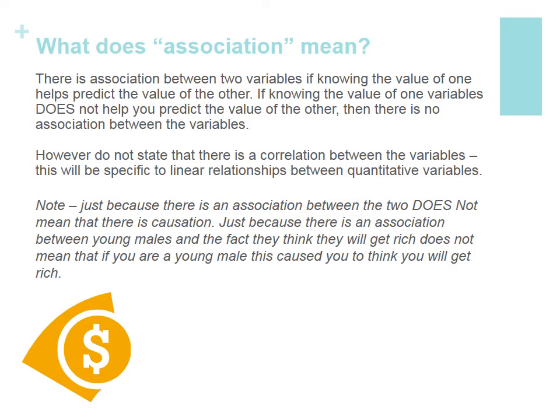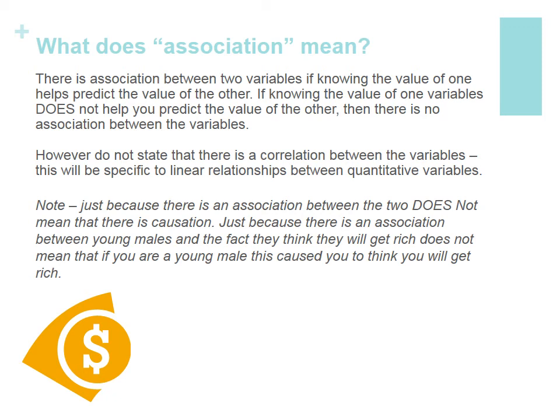Okay, so what does association mean? So is there an association between gender and an opinion of getting rich? There's an association between two variables if knowing the value of one helps predict the value of the other. Okay, so it just helps us predict.